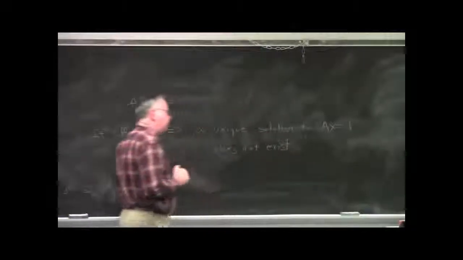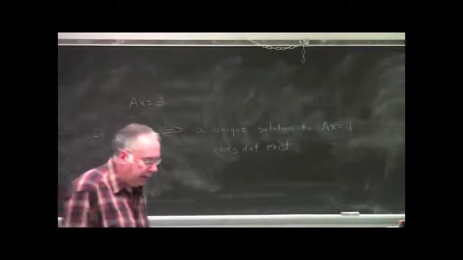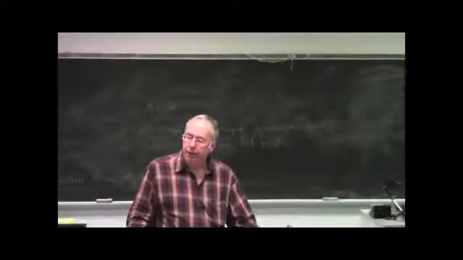Okay. And that could mean one of two things for the general case. It could mean there's no solution at all. The equations are inconsistent. They're incompatible. So there's no solution. Or it could mean that there's an infinite number of solutions.